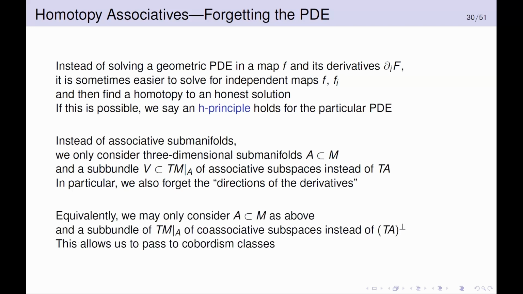Yeah. Equivalently, that's easier for us, we consider A as above, but instead of a three-dimensional vector bundle, we consider a four-dimensional one that's complementary to the three-dimensional. So this should be a bundle of coassociative subspaces. And this then allows us to pass to cohomotopy. So that's the basic fact.